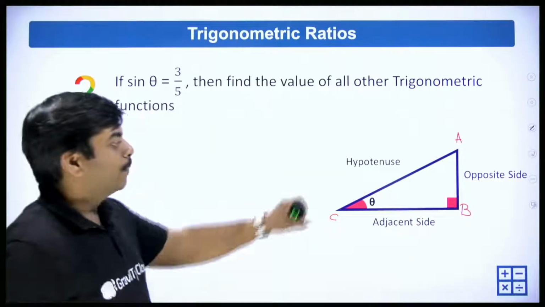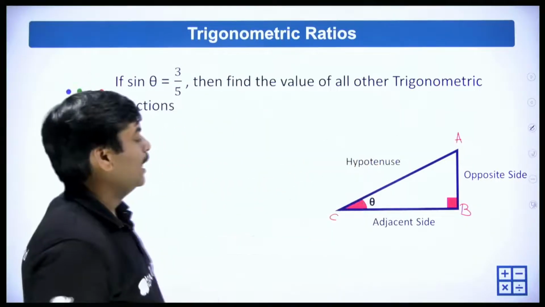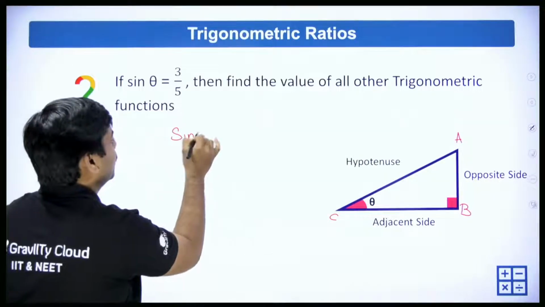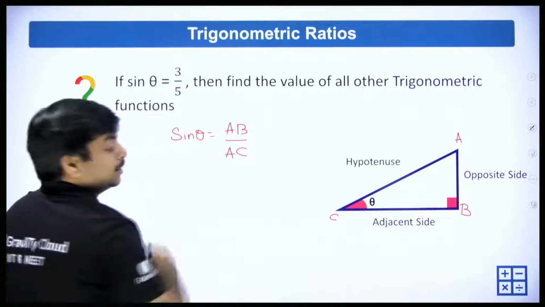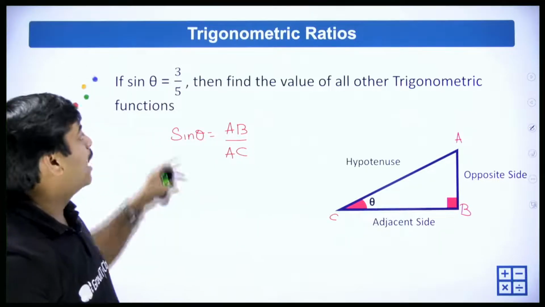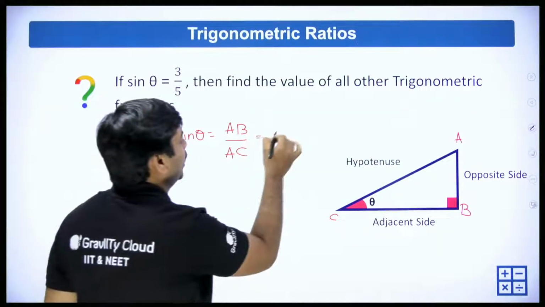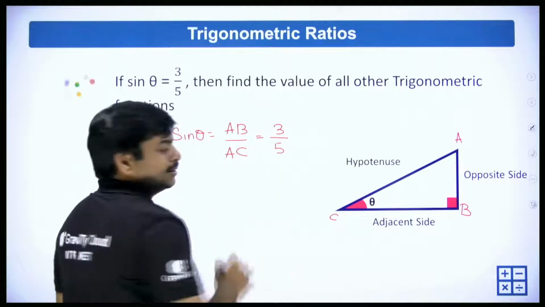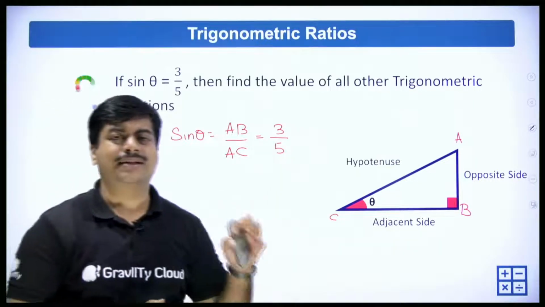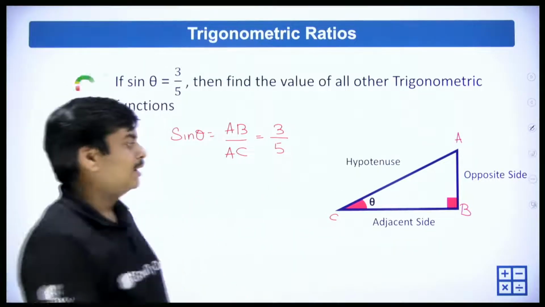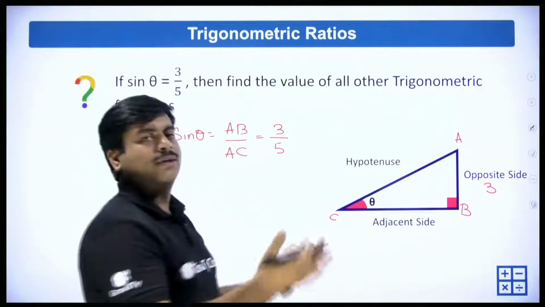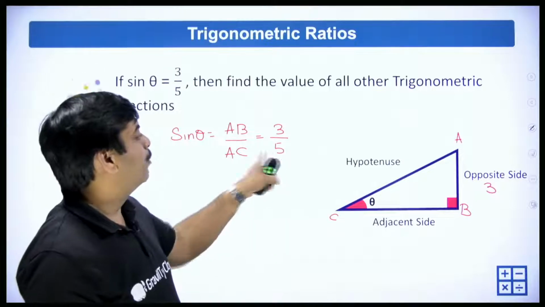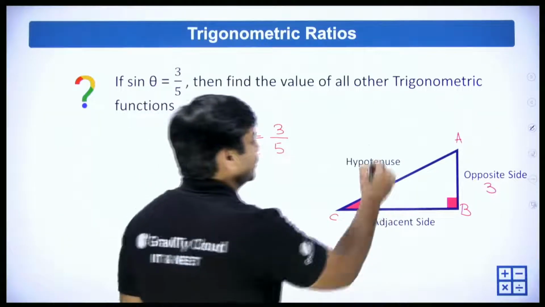Sine theta is equal to AB by AC, and this value is given as 3 by 5. As this is a ratio, we can consider AB length as 3 units, 3 centimeters or 3 meters, whatever it is, and hypotenuse AC as 5 units.